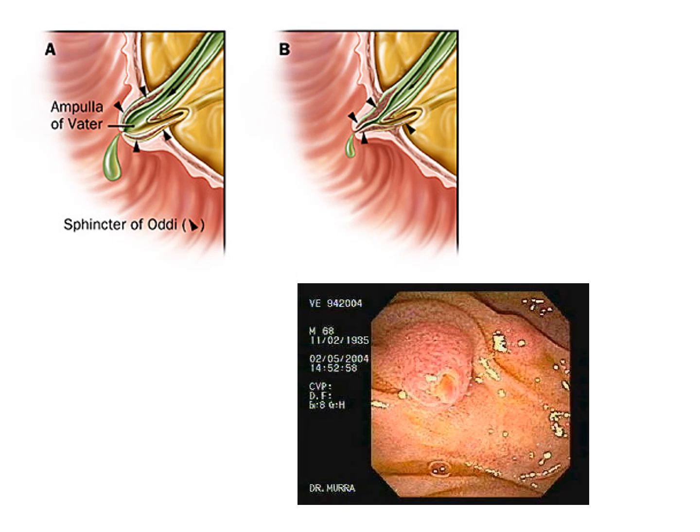Right, and here is the picture of the papilla that we can see, and the ampulla of Vater forms the papilla, and it's a wart-like projection on the wall of the small bowel. So this is actually an endoscope picture, and you see this little orange circle here on this picture by Dr. Murrah on February 5th, 2004. This bottom picture here. So we have this little wart-like structure on the side of the small bowel, and it's got a little orange tip to it.